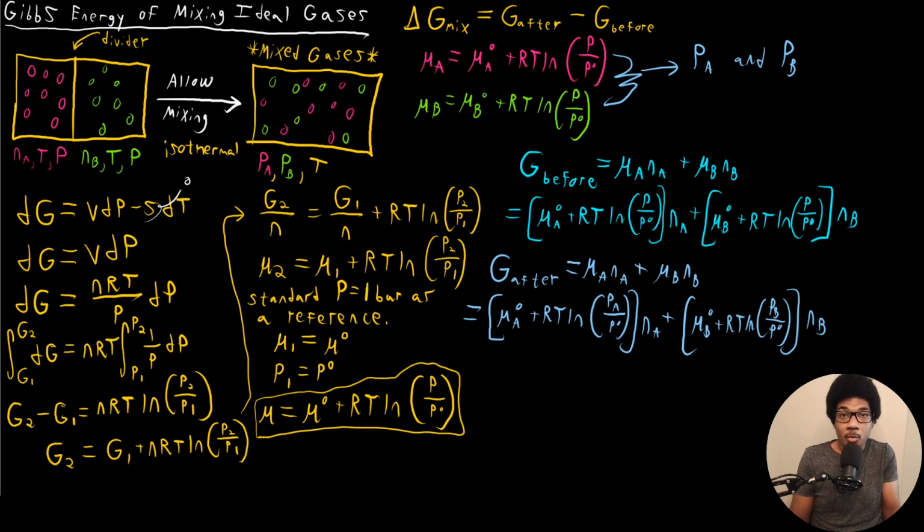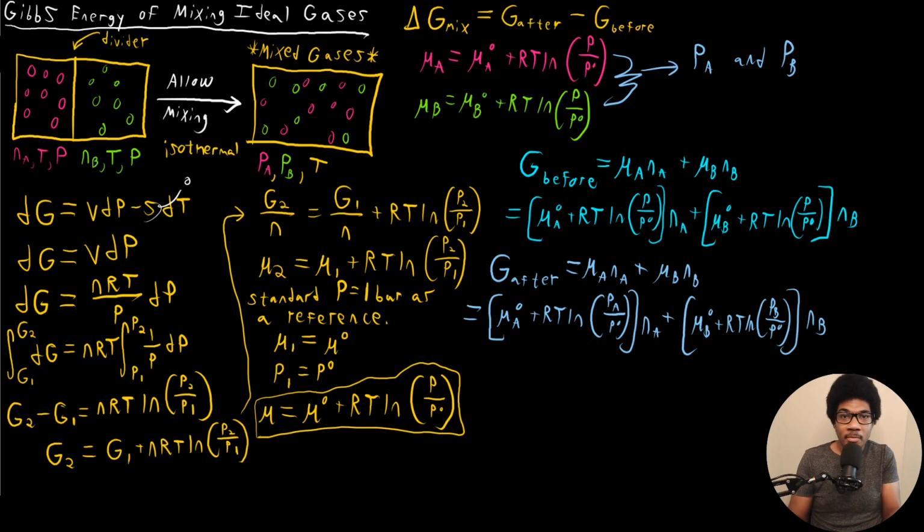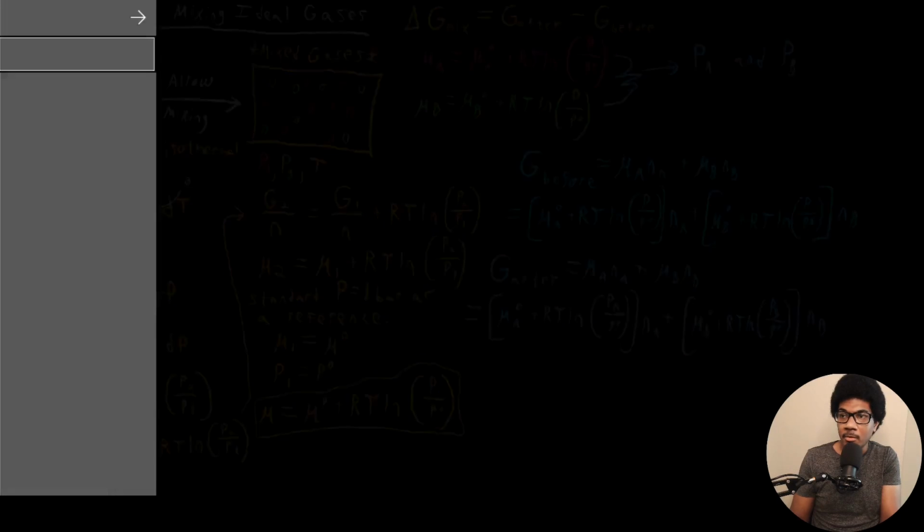So we have everything we need here to thermodynamically quantify the Gibbs energy change for the mixing process, right? So I'm going to start this on a new slide. But basically what we're going to do here is take our expression for G before and G after and just subtract them, right? And we're going to get some cancellation and get a simpler, cleaner expression. So keep in mind, the goal here is to quantify the delta G of mixing, right?